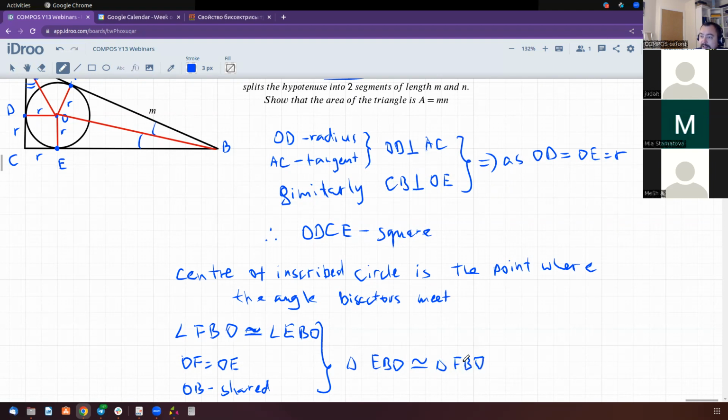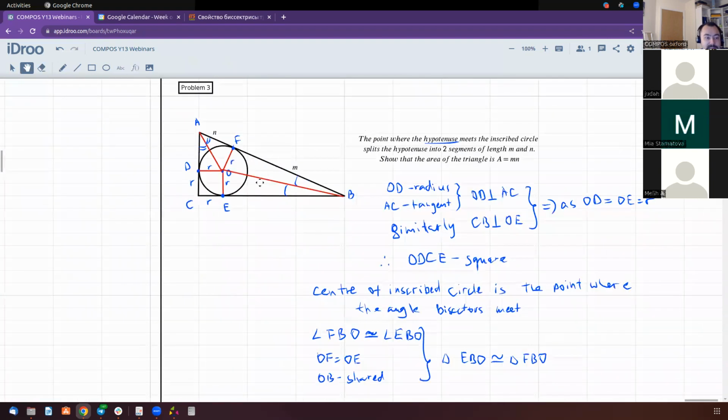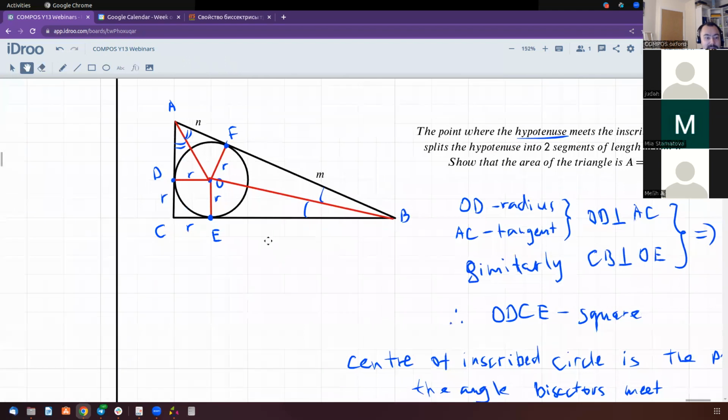Is there a quick proof for that? The center of the inscribed circle is at the point that angle bisectors meet. Well, yeah, that is how you prove it. You have an angle. Well, you know that this is 90 degrees. You know that this is 90 degrees. You know that these are equal, and you know that this is a shared side.